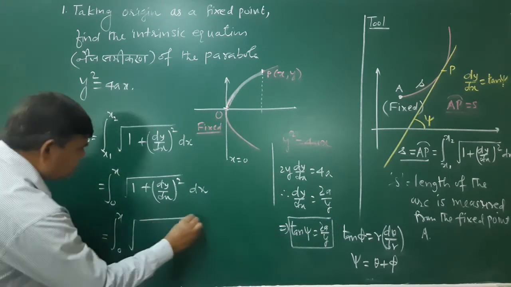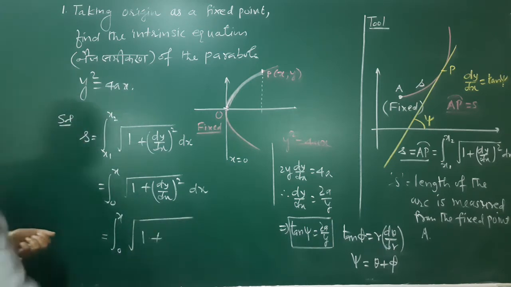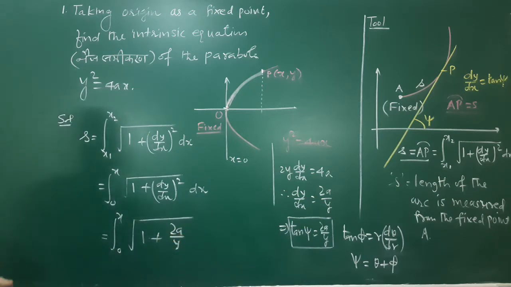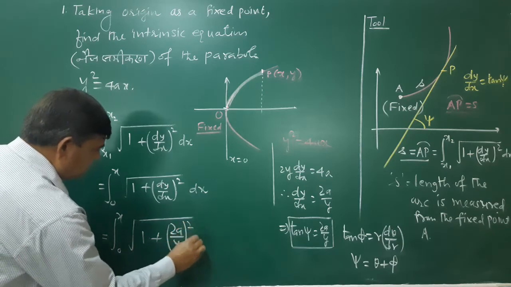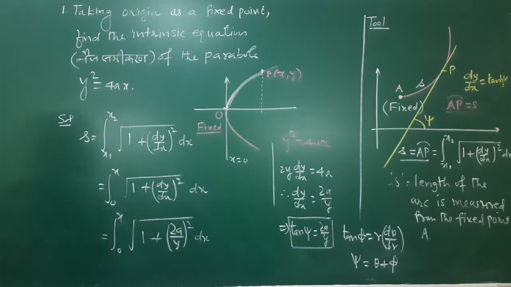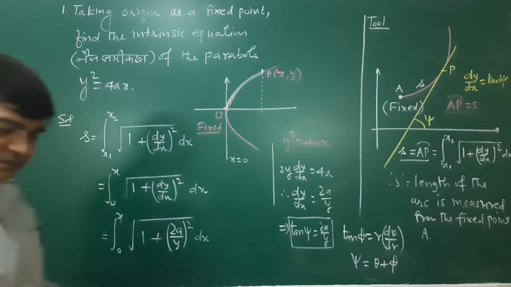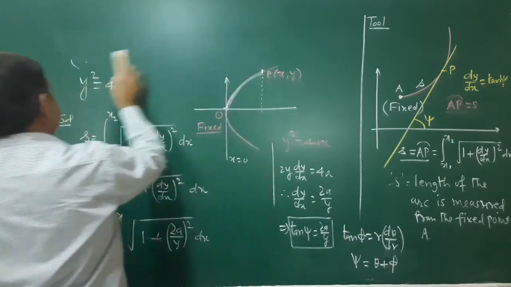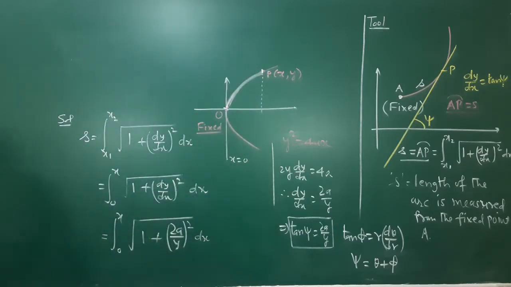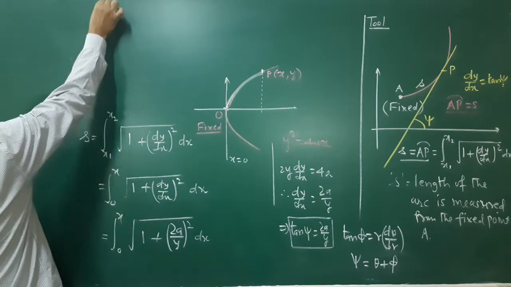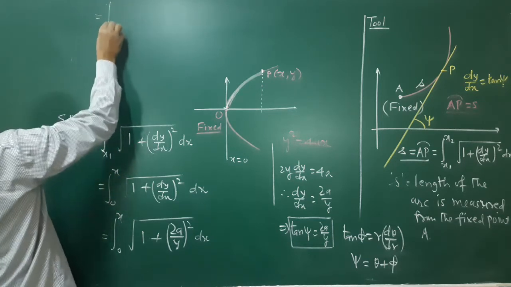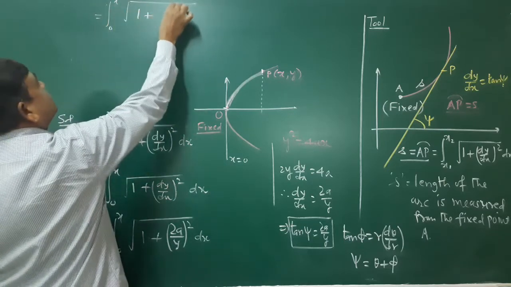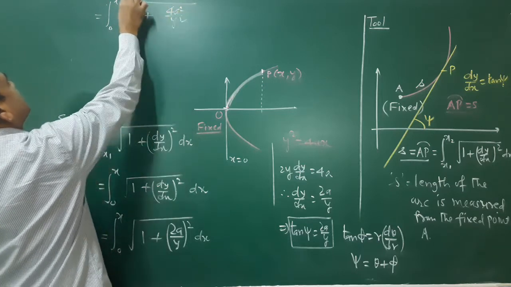So the integral from 0 to x of the square root of 1 plus (2a upon y) whole square dx. This is the integral from 0 to x of the square root of 1 plus 4a square upon y square.